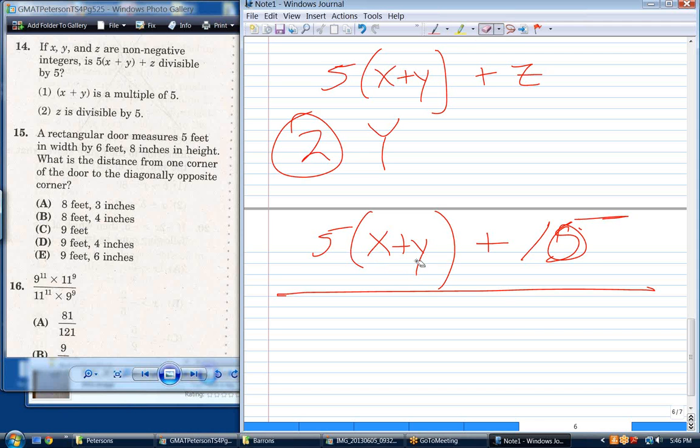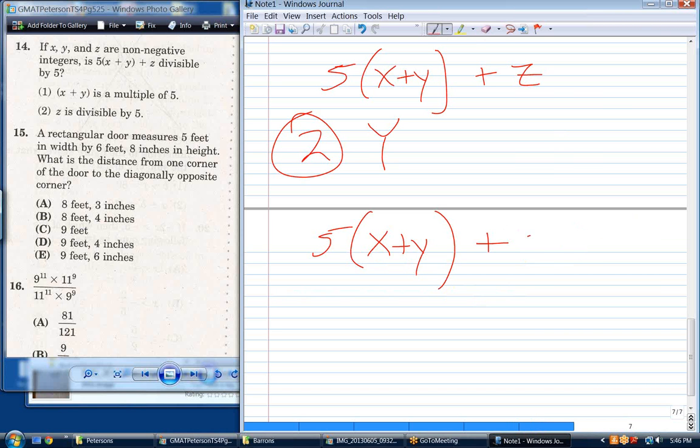Now let's go back and consider statement 1 alone. Statement 1 says that this quantity is a multiple of 5. Well, B is the answer, or that's what I would say if I saw this, because Z can be whatever it wants to be.